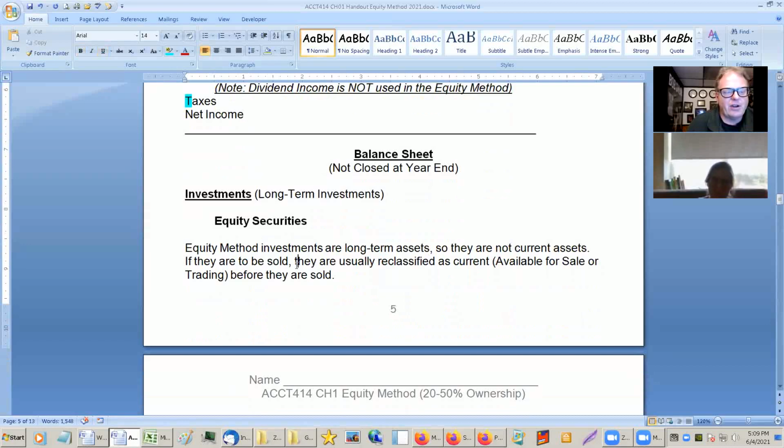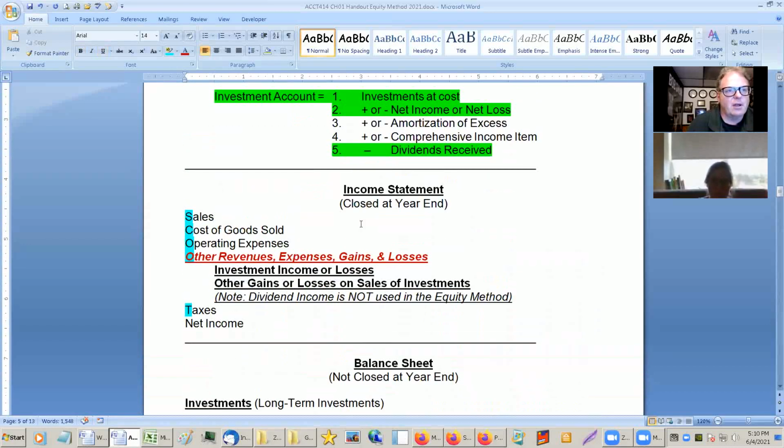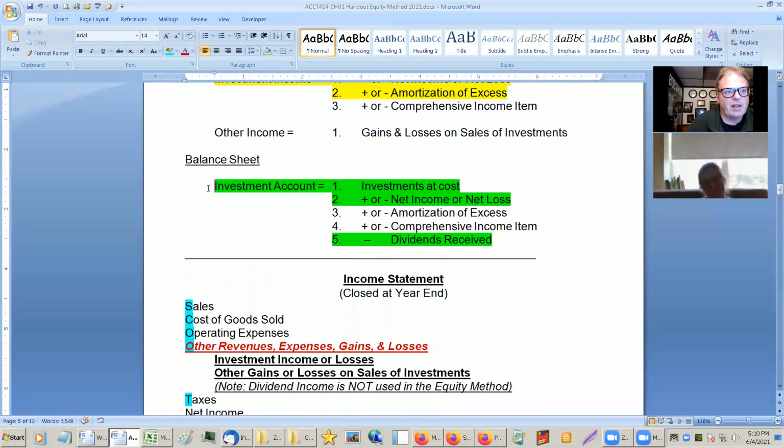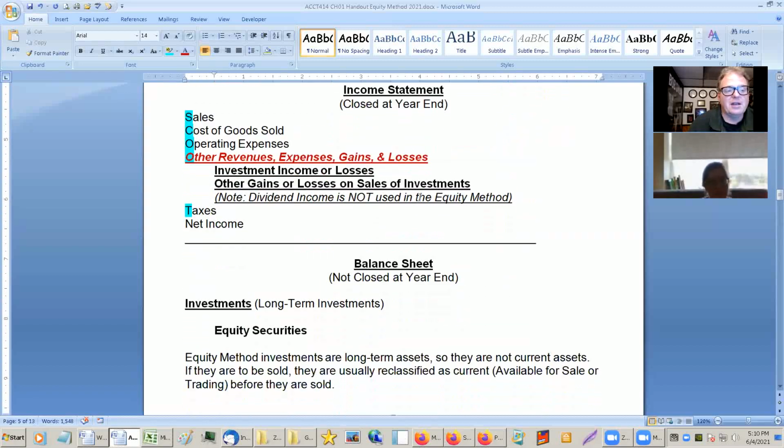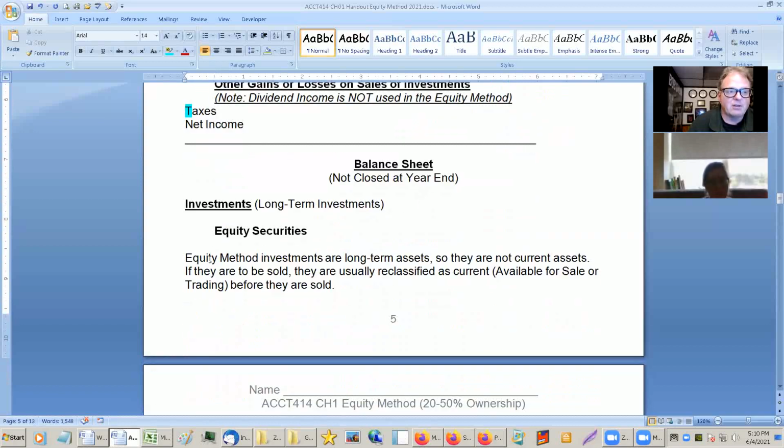Okay, equity securities. You'll also notice something here on the balance sheet in the investment account. It doesn't matter what the market is. The market might go up or down, but it doesn't matter as far as the equity method is concerned.